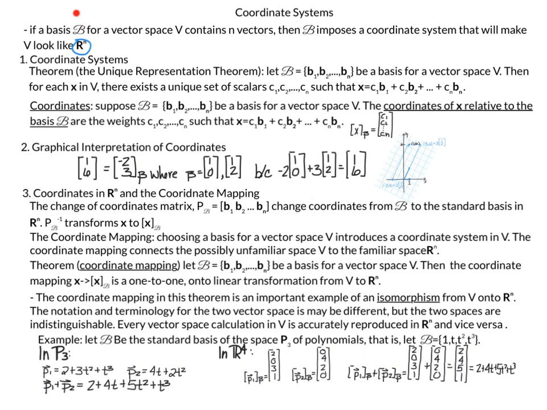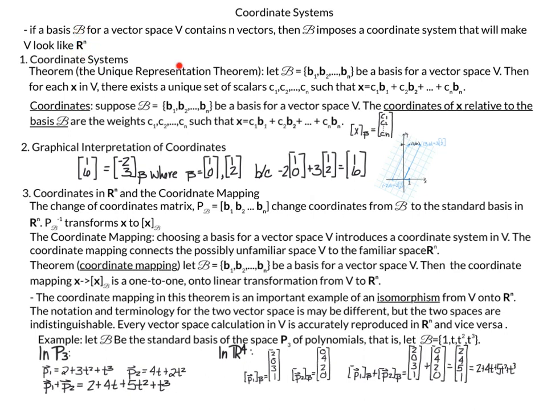In fact, all vector spaces deep down have the same structure as Rn. We know part of this because they all share the same algebraic structure as far as vector addition and scalar multiplication go. But we'll also see in this video that for n vectors, it will be isomorphic to Rn.